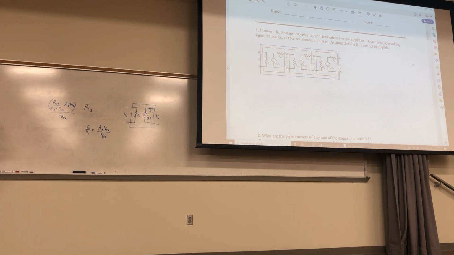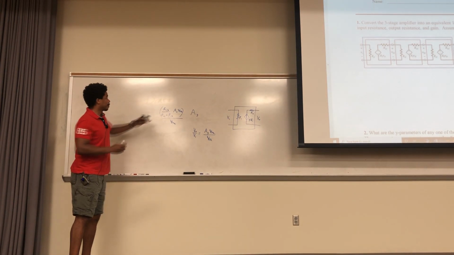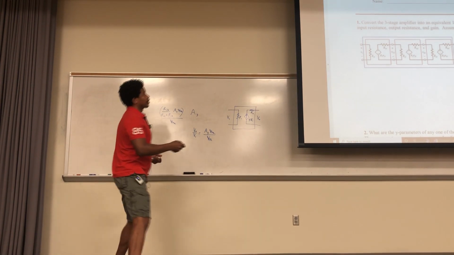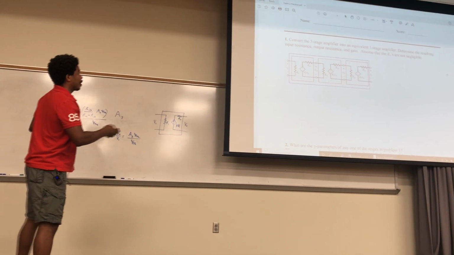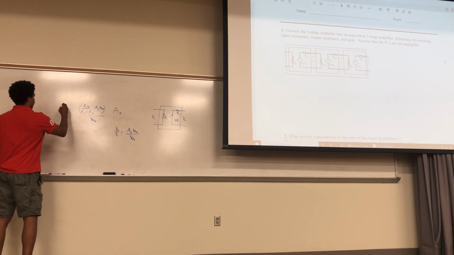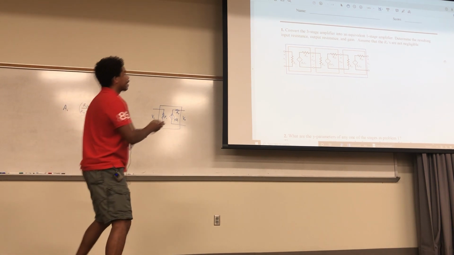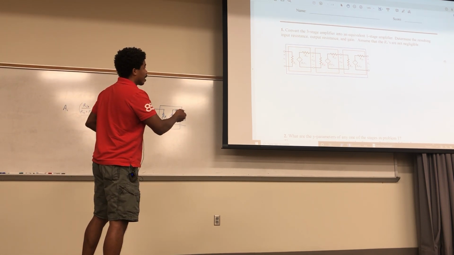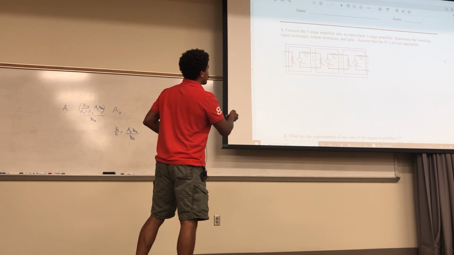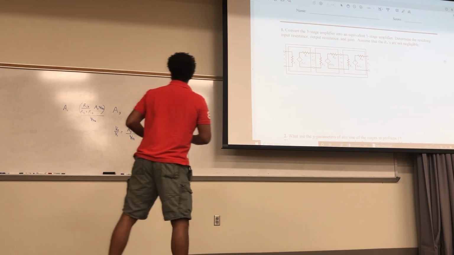So you see how it's going? And it's a pattern that goes through each one of them. So that means we already know what this one right here is going to be, right? That's just going to be this A1 multiplied by this fraction of Ri2 divided by Ri2 plus Ro1.